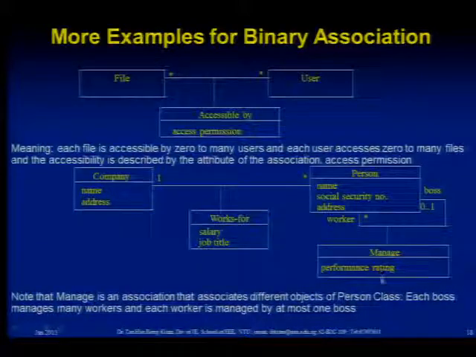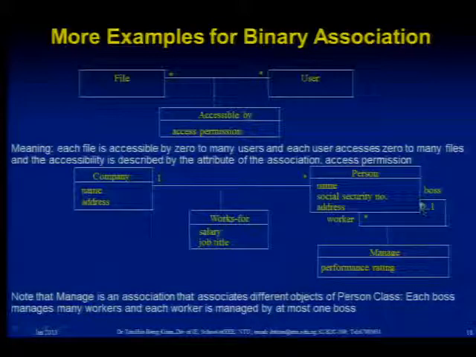So this is to specify such management associations. And we also define multiplicity here. The multiplicity at this end is 0 to 1. This end is an asterisk, which means 0 to many. So what is the meaning of this multiplicity? The meaning is exactly the same as in other cases.